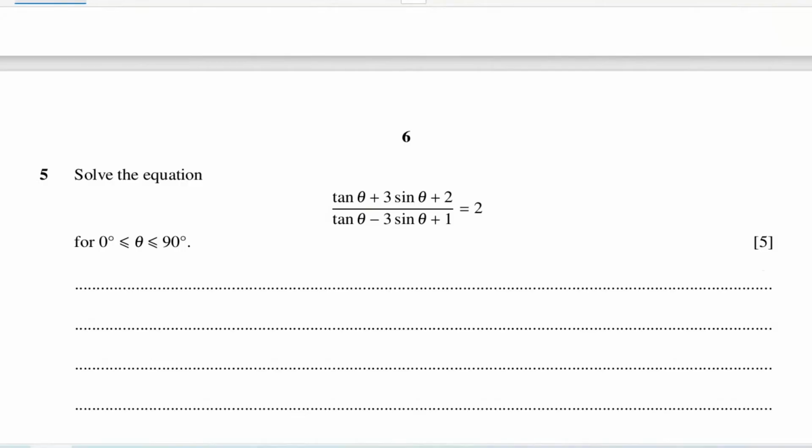So this given equation can be written as tan theta plus 3 sin theta plus 2 is equal to 2 multiplied by tan theta minus 3 sin theta plus 1.